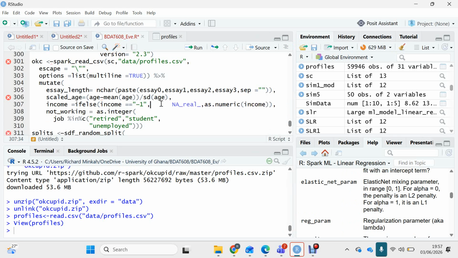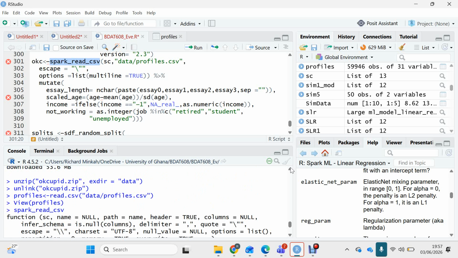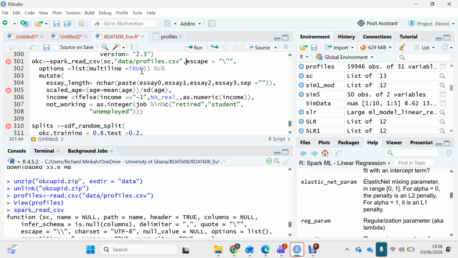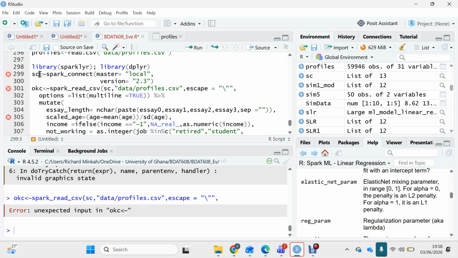In our regression, even though we are using LM here, everything starts with what? ML, like machine learning. That's how it is. If you are doing K-means, GLM, generalized linear regression, and so forth, that's everything that you have. So this is the summary of all the functions in there.